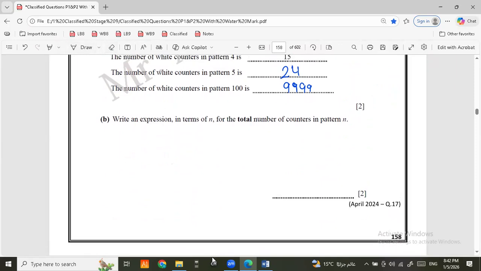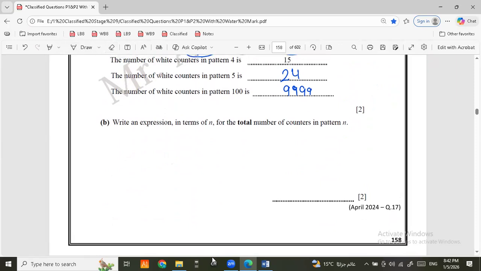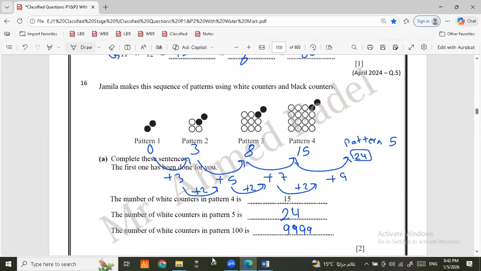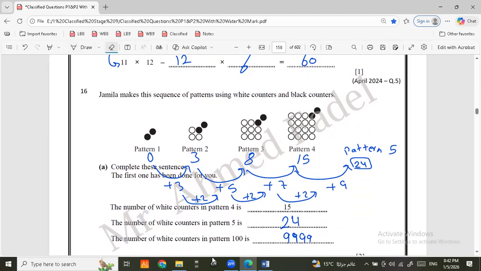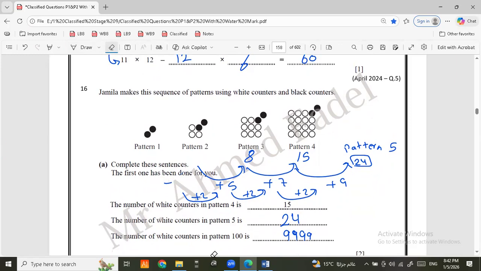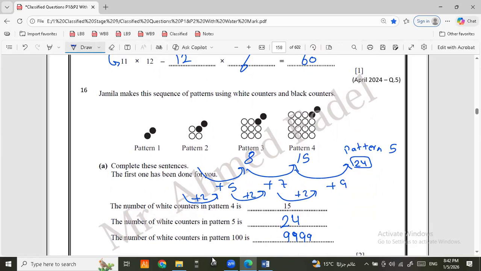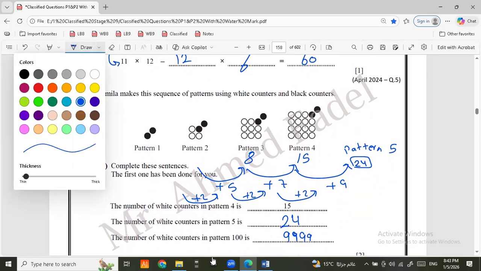Write an expression in terms of n for the total number of counters in pattern n. All right. That means that they want the nth term for the total number of counters. So what is the total number of counters? Instead of wasting time on erasing, I'm going to use a different color.